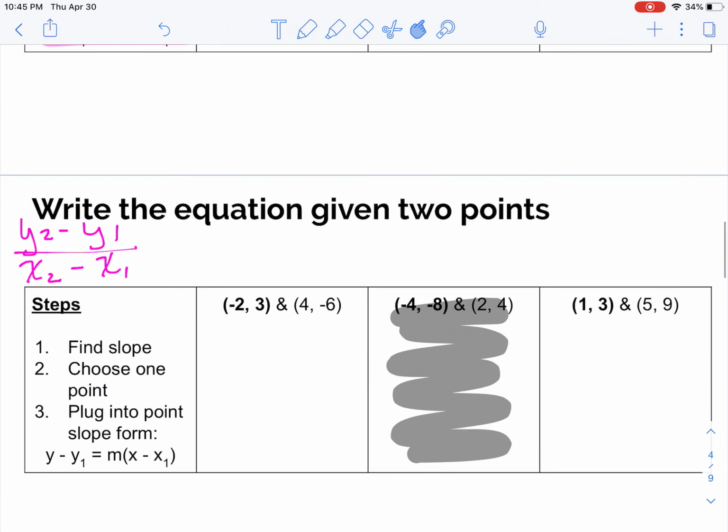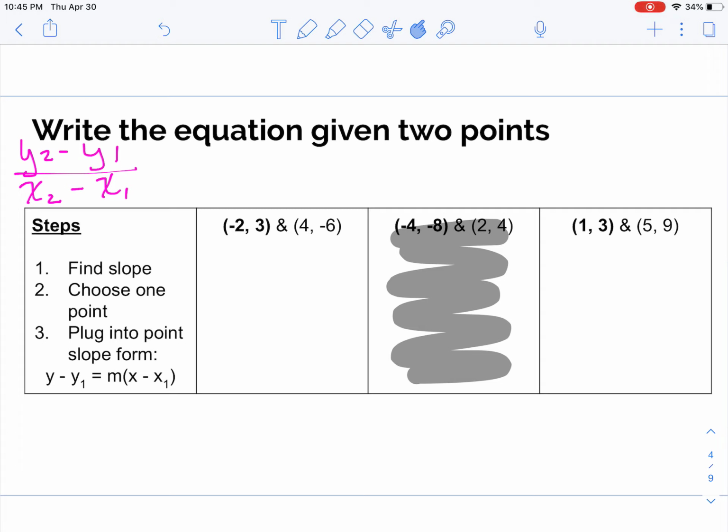All right, let's see what we can get into for this next one. So this one looks a little bit more difficult, but it's not really. We know that I need a slope and I need a point. The problem is that I don't have the slope, but I do have 2 points. If we remember in the last unit, we talked about how to find slope. We used y2 minus y1 over x2 minus x1.